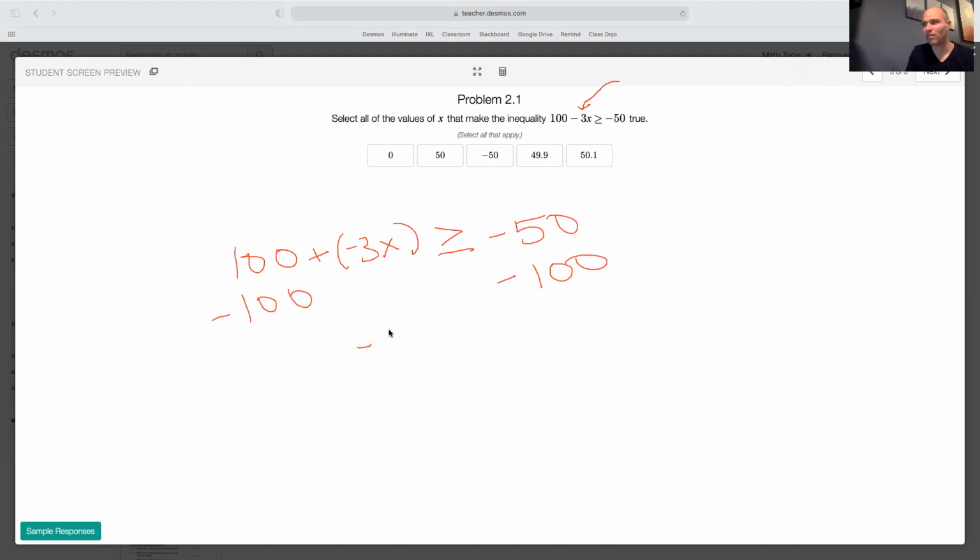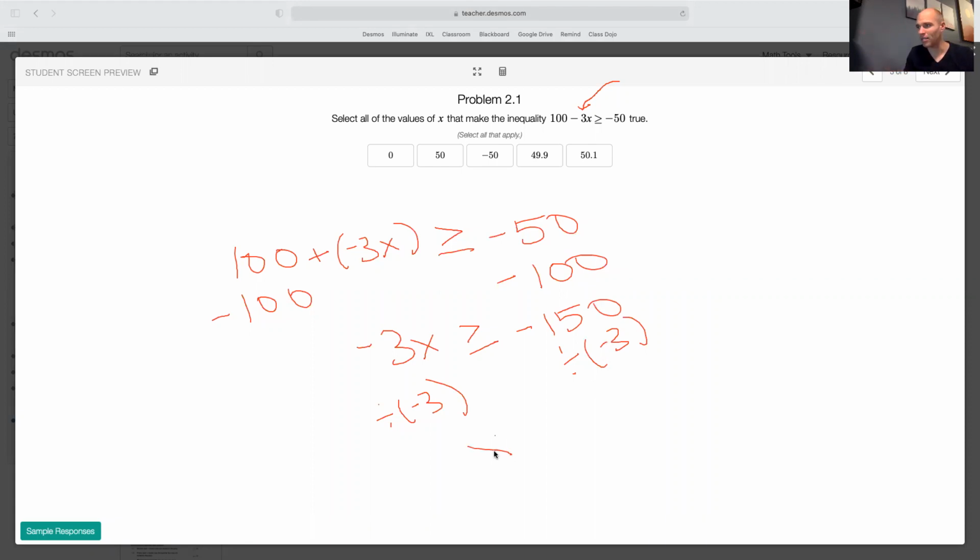And so I get -3x is greater than or equal to, what I have here is -50, and then I'm subtracting 100 more or adding another -100. And so what I get is -150. And now I want to get rid of this -3 that's multiplying my x. So I have to divide both sides by -3. And that's going to make my inequality sign do the flip.